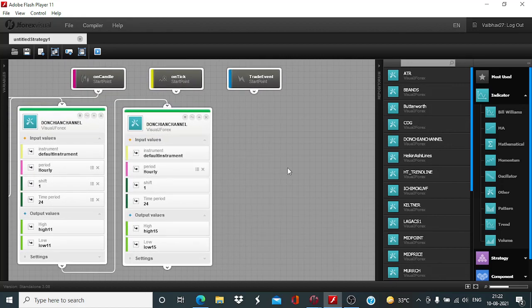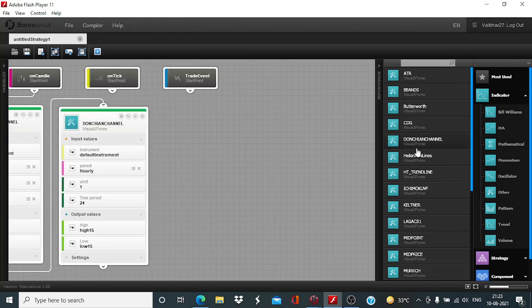And to compare the last hour's output value with the 24 hours back, we will again need to add two more Donchian channel blocks.